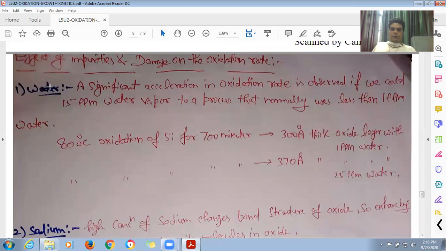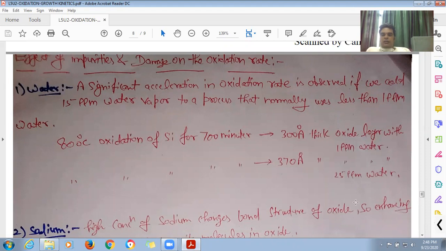So if we add 50 parts per million water vapor to a process that normally uses less than 1 ppm. These are the experimental observations that were made at 800 degrees centigrade. The oxidation of silicon was done for 700 minutes. So a 300 angstrom thick oxide layer was grown with 1 ppm of water.